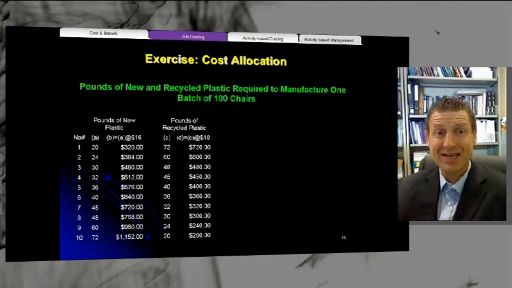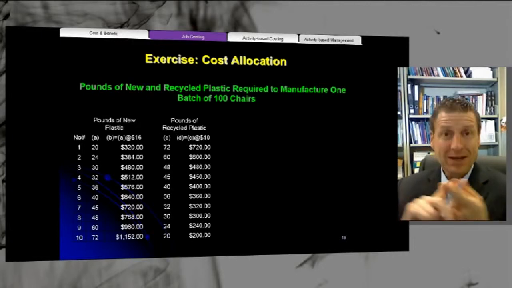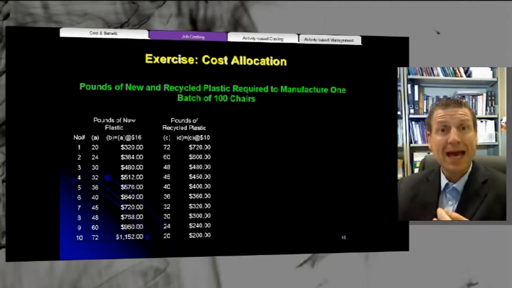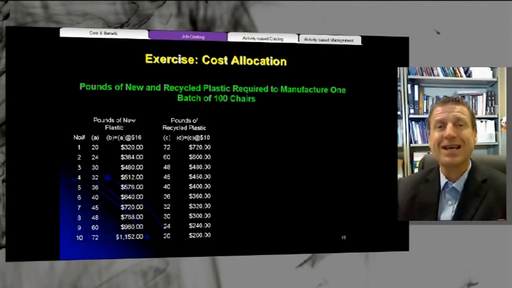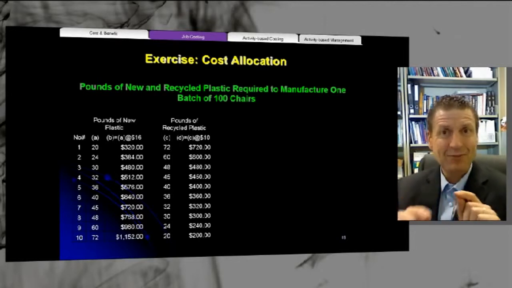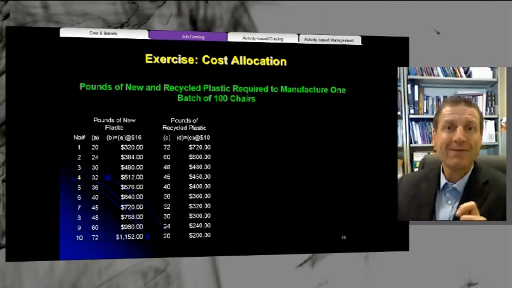As you can see, pound for pound, they are exchangeable. But here's the difference. The costs are different. And as you'll find out later, perhaps the overhead, the indirect costs, are different depending on which combination we're using. So let's just start with the direct costs for now.